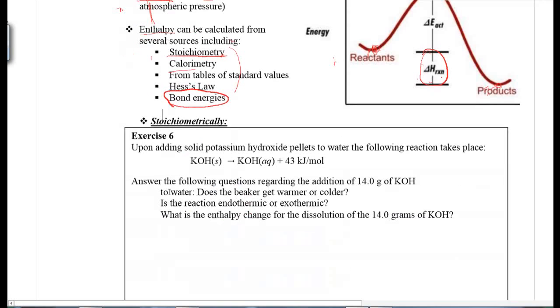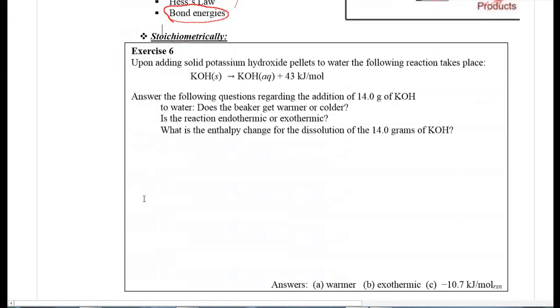All right, so let's just take a look at how we would do this stoichiometrically. This is kind of a conceptual question and a little bit of stoich. Okay, so if I add solid potassium hydroxide to water, I get the solid becoming aqueous. Now, what it says here is I have plus 43 kilojoules per mole.